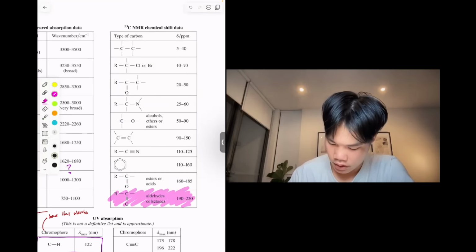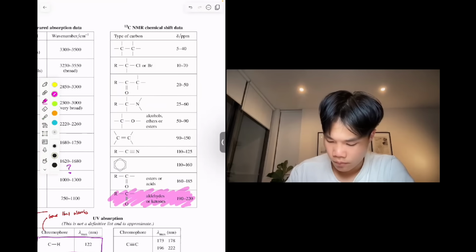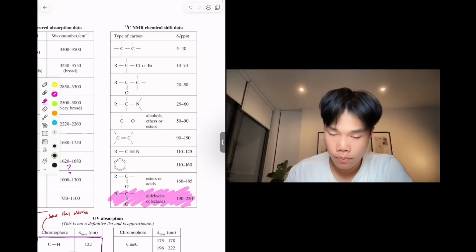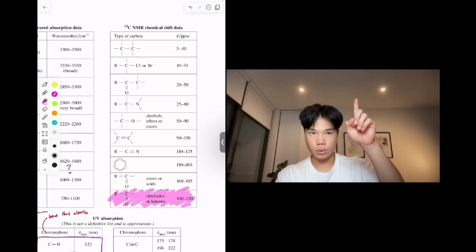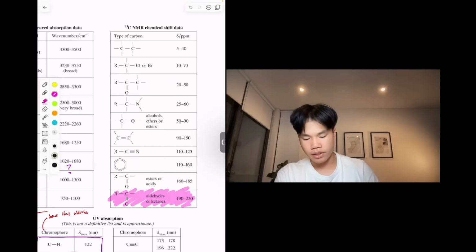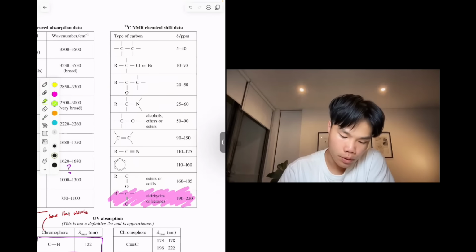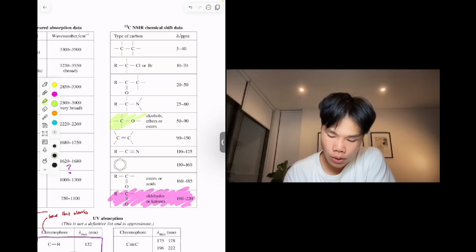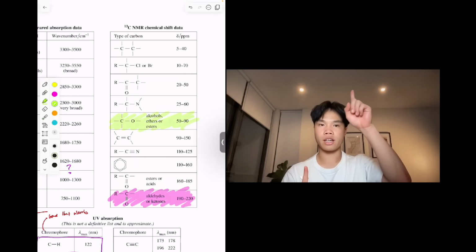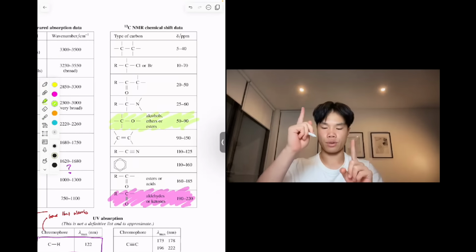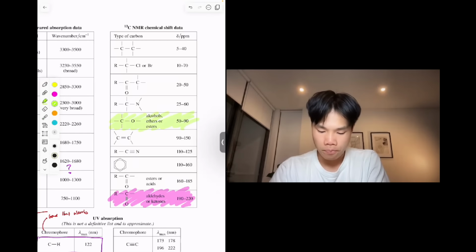In this case, it's a ketone. So you're going to see a signal from 190 to 220 ppm, which initially is very high. As the reaction proceeds, this will decrease as you have less and less ketone. But it will be replaced by an alcohol 50 to 90 signal, which increases as the other signal decreases.